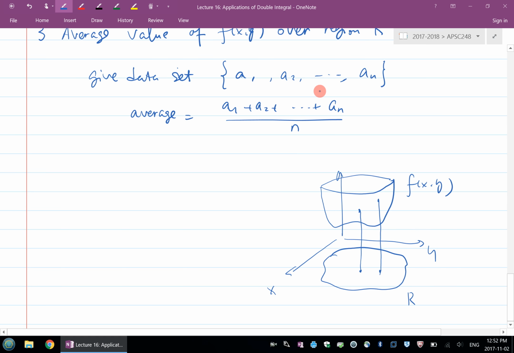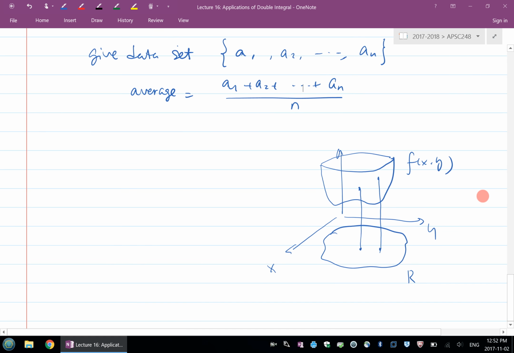Okay, so what we have to do is try an approximation method here, which then leads us to a more accurate calculation. So this is how I will derive the formula here. Let's say I'm going to take a small area.